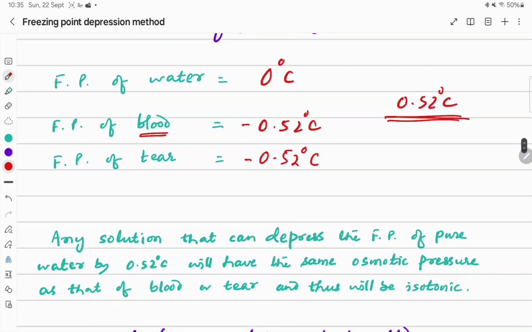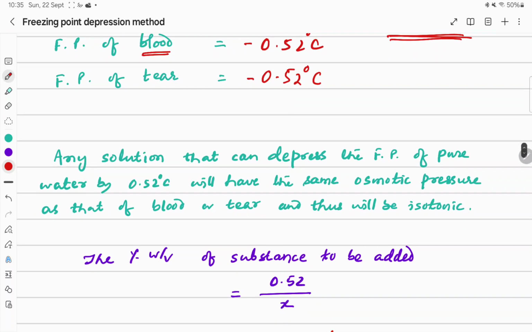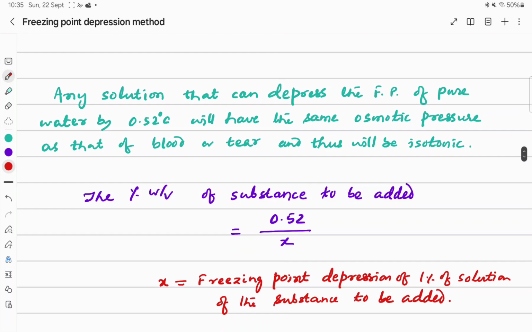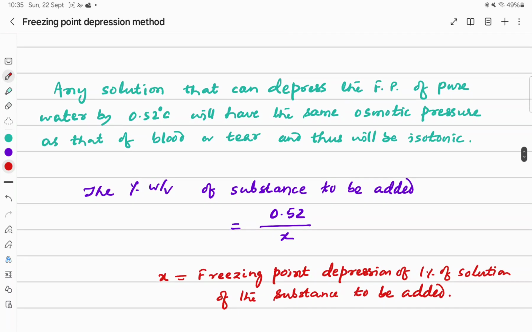So we can say that any solution that can depress the freezing point of pure water by 0.52 degrees Celsius will have the same osmotic pressure as that of the blood or tear, and thus will be isotonic. So we can calculate how.